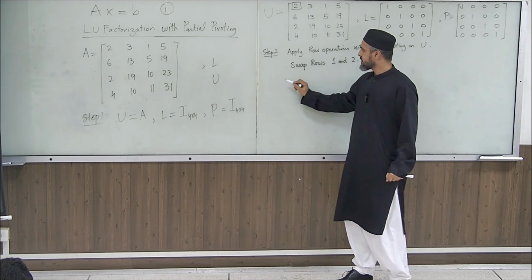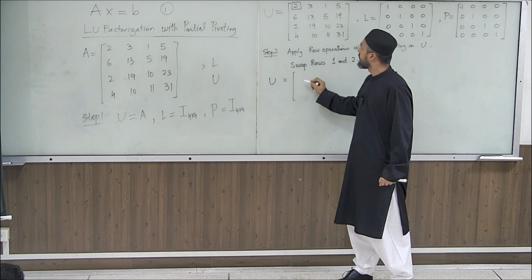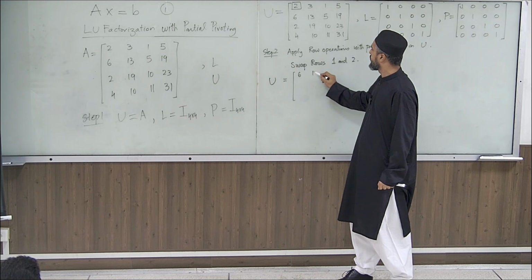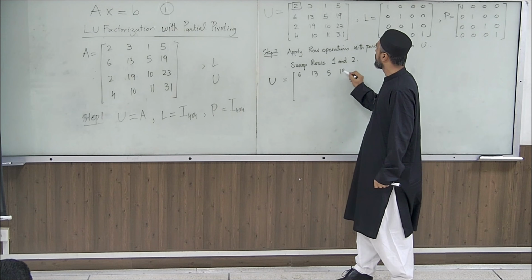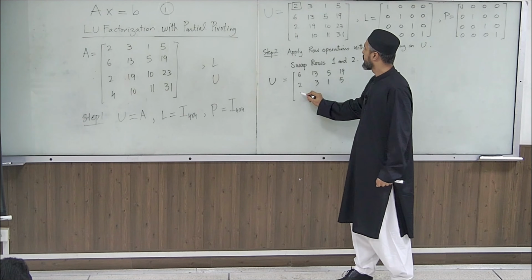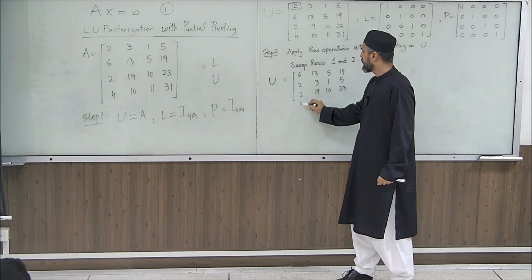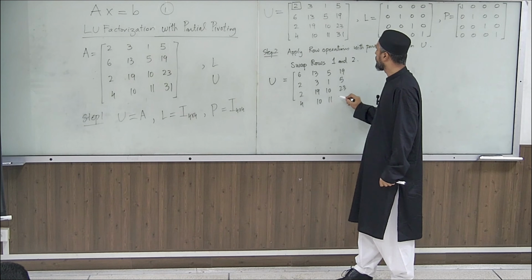So if I just swap the rows, it will be 6, 13, 5, 19. And we got 2, 3, 1, 5, 2, 19, 10, 23, and then we have 4, 10, 11, and 31.